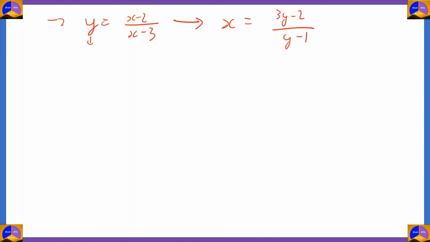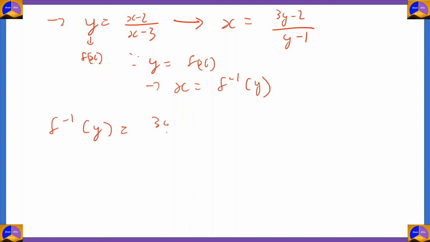And since y equaled f of x, we can say x equals f inverse of y. So f inverse of y equals 3y minus 2 by y minus 1.